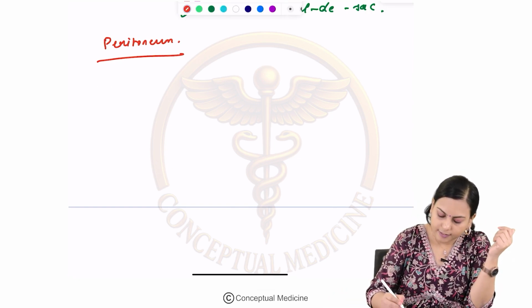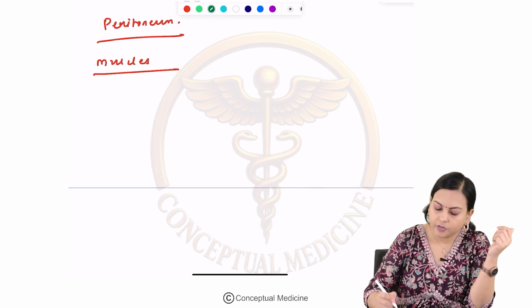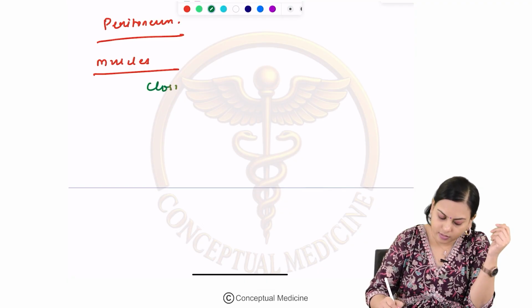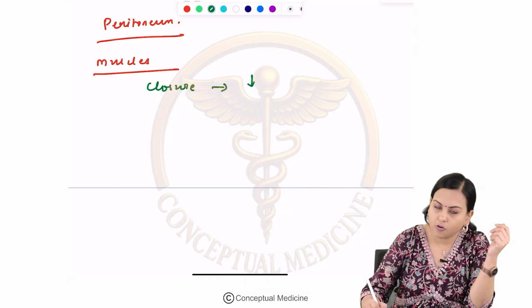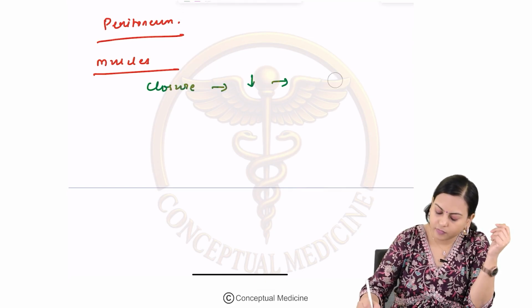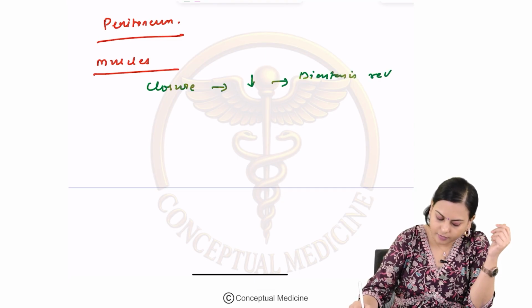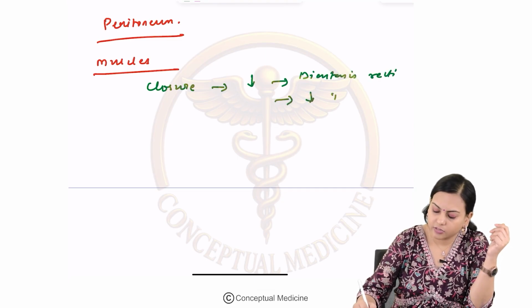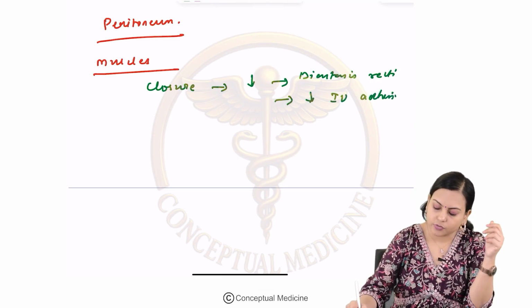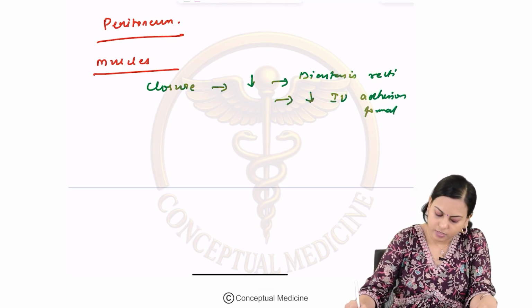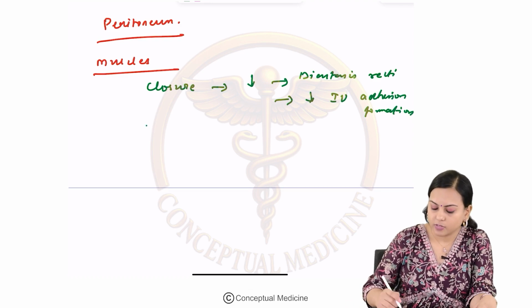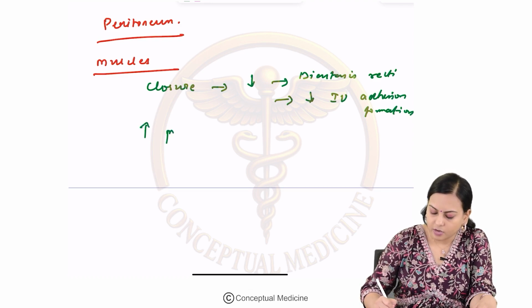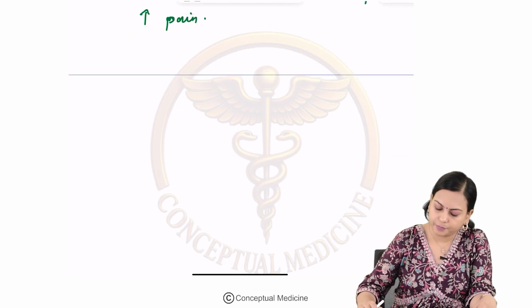And about the muscles, if you do a closure of muscles, this will reduce the risk of subsequent diastasis recti, and decreases intrauterine adhesion formation also. But if the muscles are closed, there is increased risk of post-operative pain.